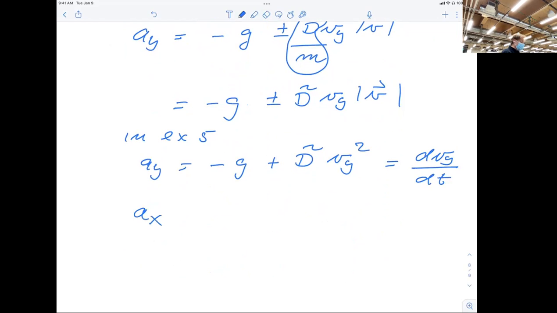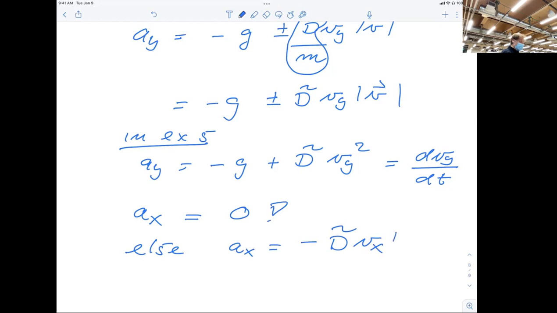In the x direction, in exercise 5, if you look at the case of an object falling in the y direction only, this is simply equal to 0. Else, if you're looking at an object in the x and the y direction, then you would have to specify this with this d tilde, and it's going to have a v of x, multiplied with an absolute value, and this is multiplied again with the unit vector in the x direction.